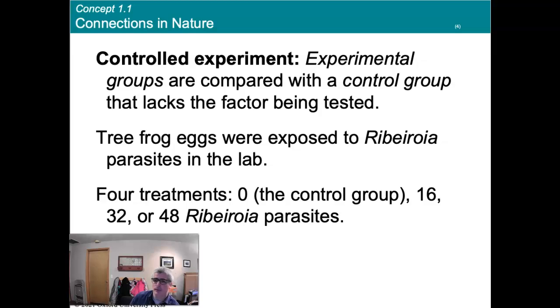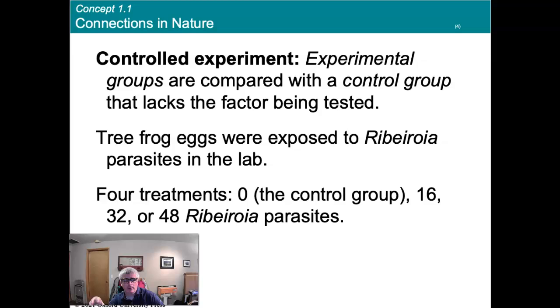So we've gone from a general observation in nature to, can we start to tease apart some of the mechanisms behind this, some of the reasons why. And so to do this, they did a controlled experiment using experimental groups compared to a controlled group, which lacked the factors being tested.